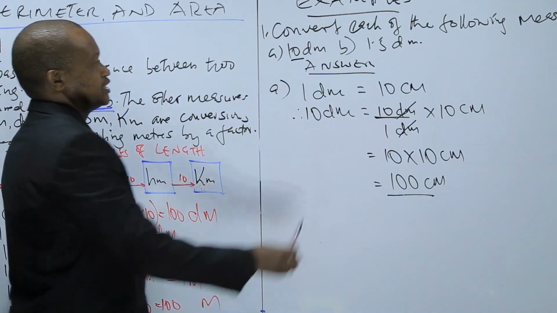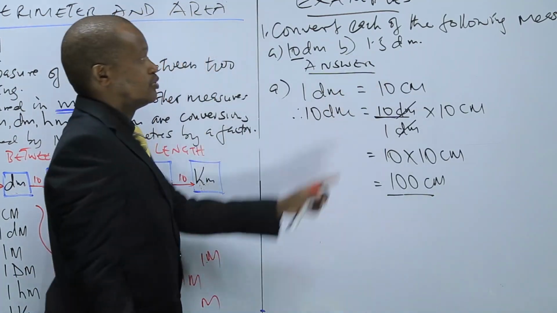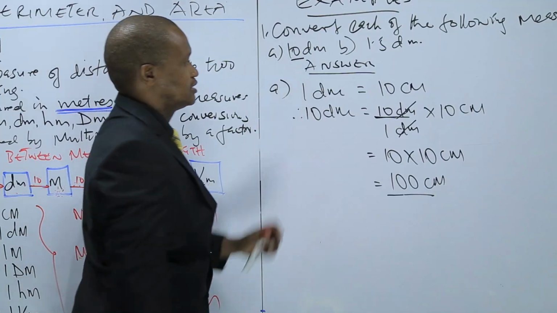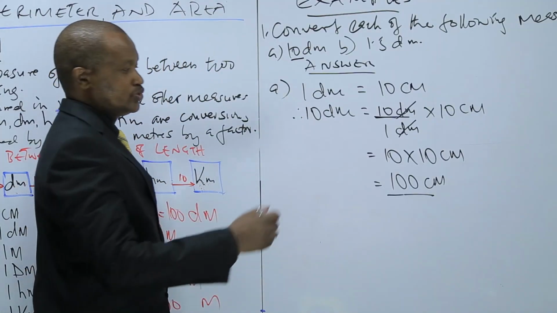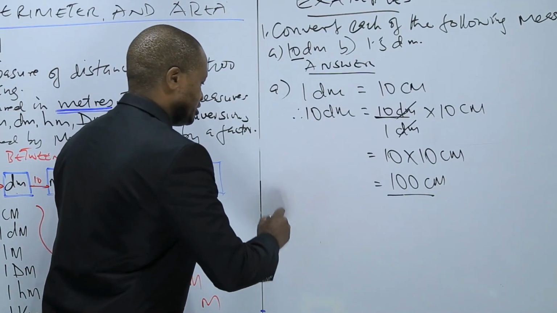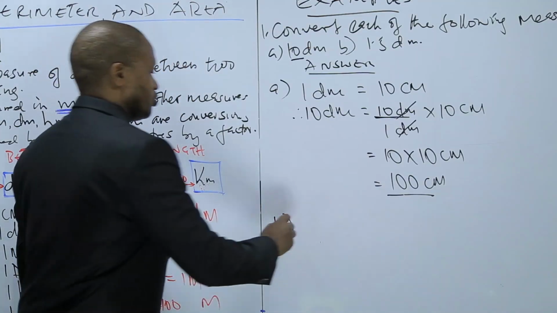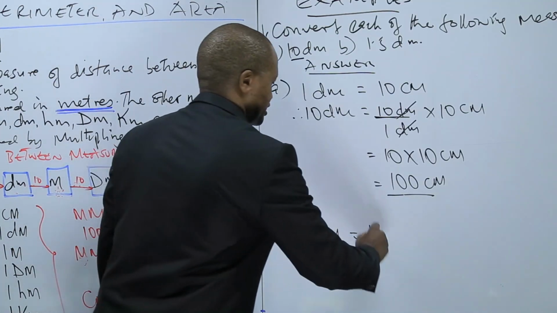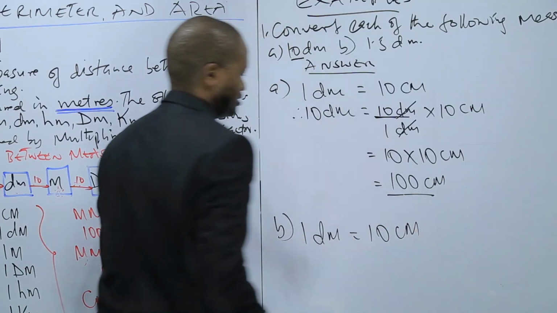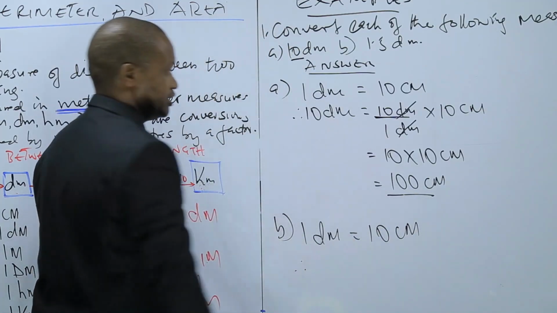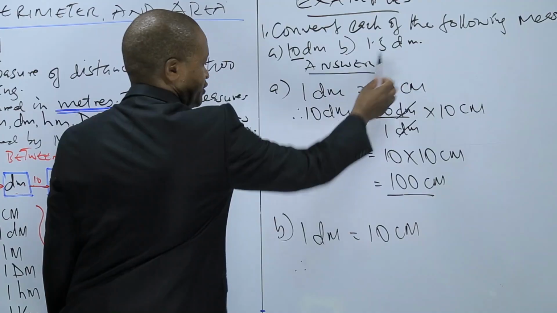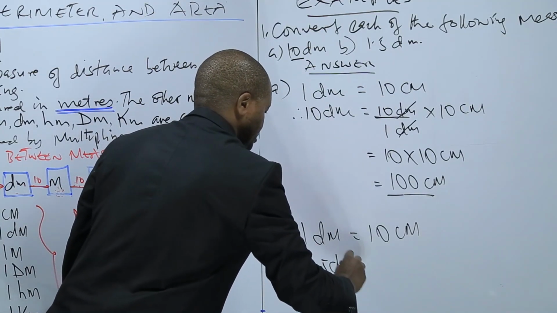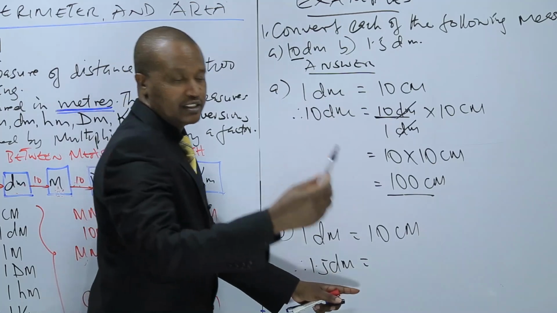Then part B, we are to convert 1.5 decimeters to centimeters. So we begin with our statement. 1 decimeter is equal to 10 centimeters. Therefore, 1.5 decimeters will be equal to how many centimeters?